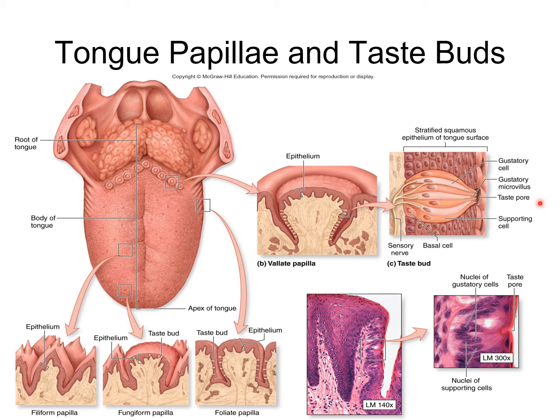Once those tasting molecules are dissolved or mixed in with the saliva, they will make their way through that taste pore, and this is where they will stimulate the gustatory cells.